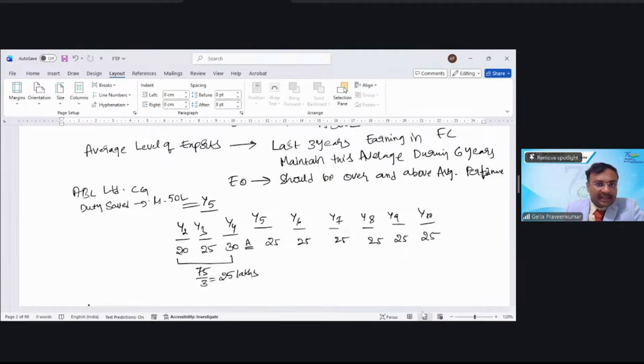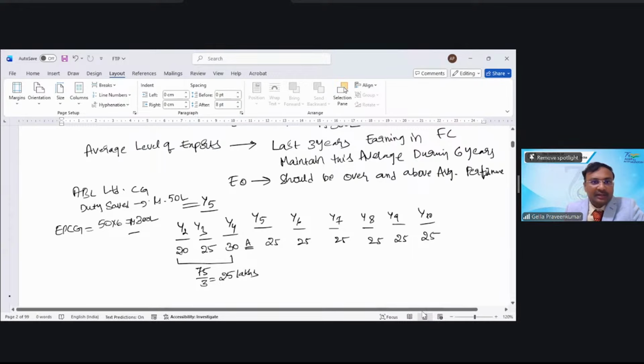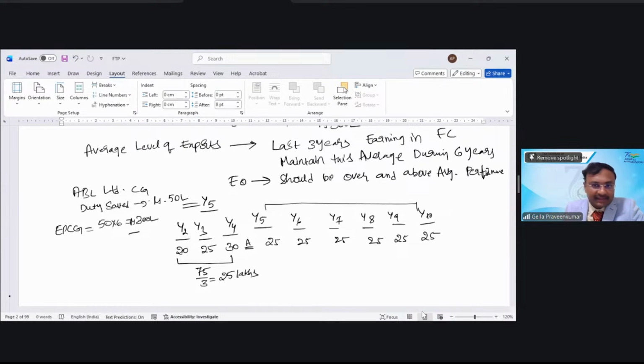Now, what is my obligation under EPCG? Under EPCG, 6 times the duty saved. That is 50 into 6, I get 300 lakhs. This 300 lakhs I have to achieve over a span of these 6 years: 1, 2, 3, 4, 5, 6.